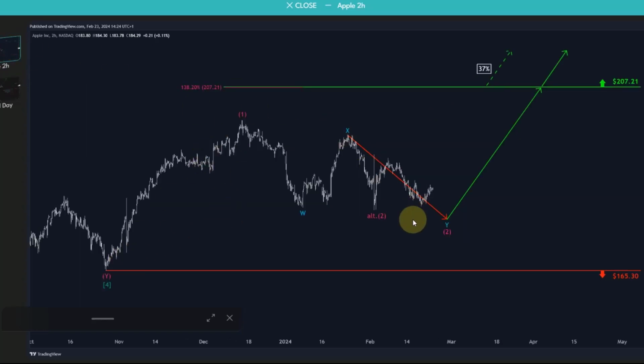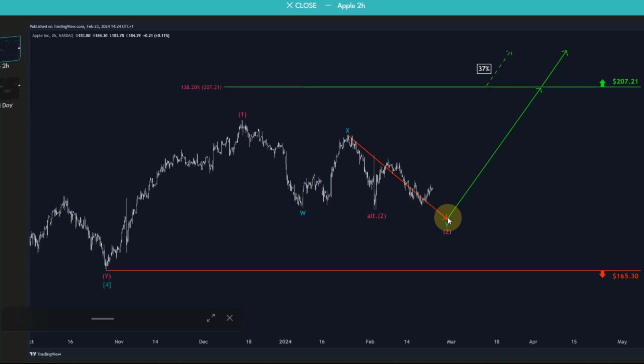In the preferred scenario, which we assign a 63% probability, the wave 2 is likely still unfolding. The wave 2 in magenta. So it could go a little lower, but in the alternative perspective, the wave 2 is already complete. So maybe one more low, maybe it's already complete, but probably one more low. And it could only be a marginally lower low in this WXY structure, which completes this magenta wave 2.